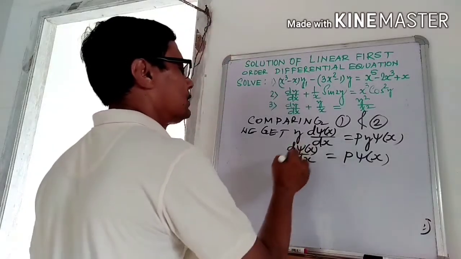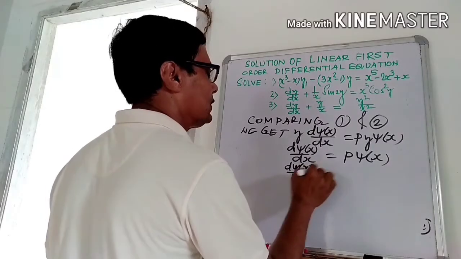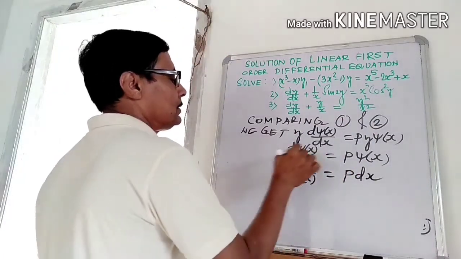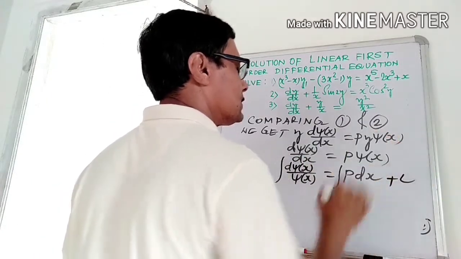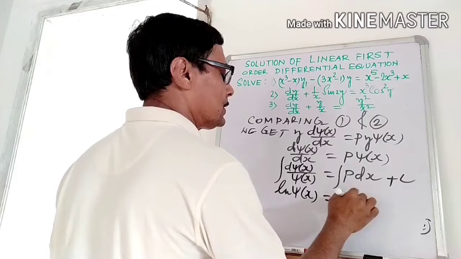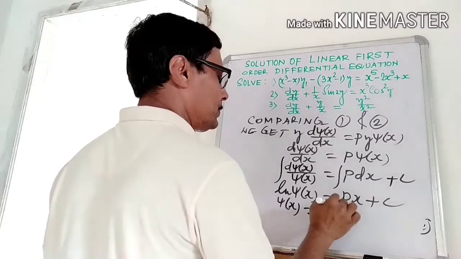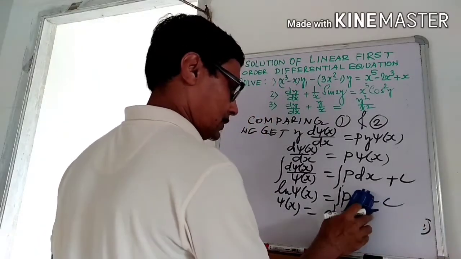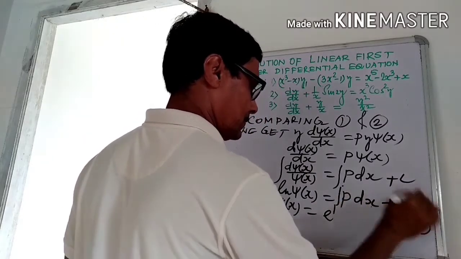This can also be written as d psi/psi = p dx. If we integrate these two terms, we get log of psi(x) = integration p dx + c, that is psi(x) = e to the power integration p dx + c.